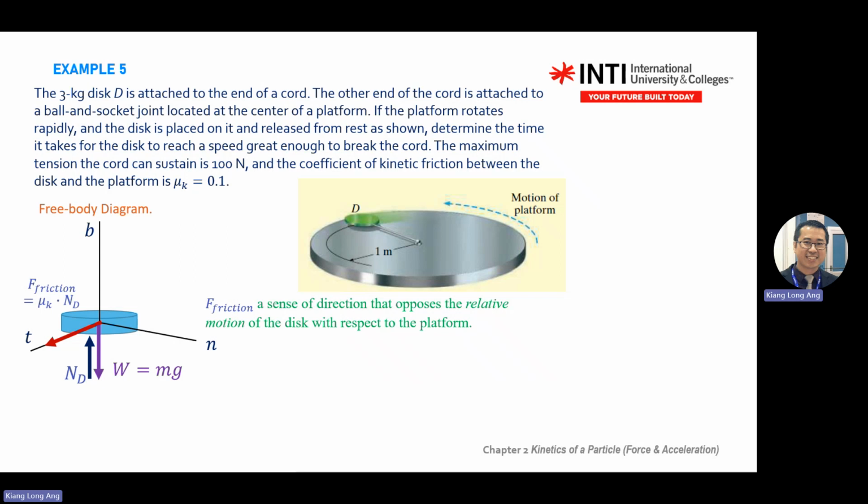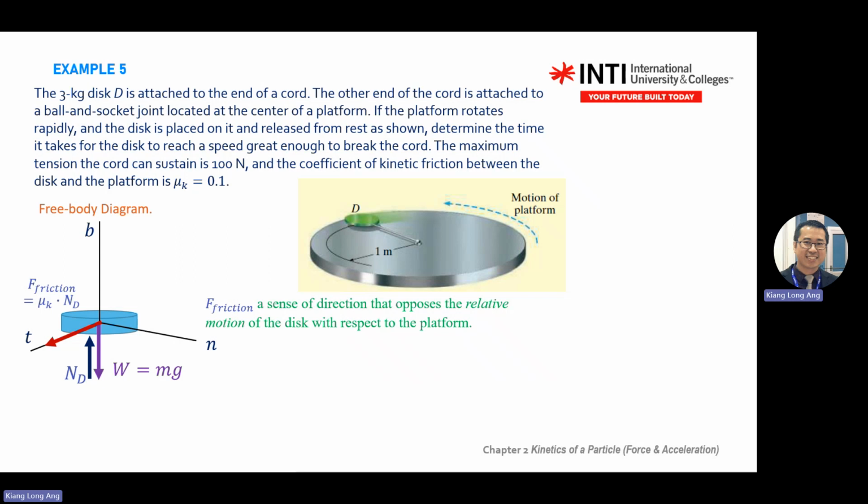So on the platform itself, if your focus is the platform moving with this, the friction will move in here. If you look at the platform. But now your focus is on the green object. So this friction goes here, right? It goes like that, right?